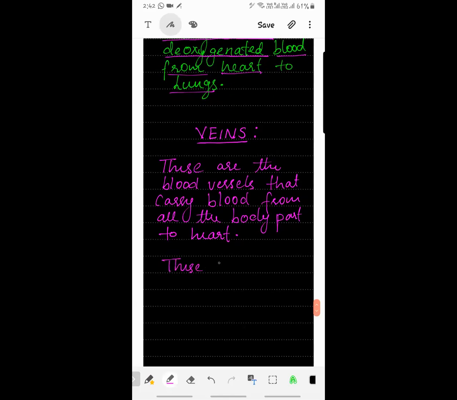These blood vessels are present below the skin. You check your hand. Can you see the blood vessels?